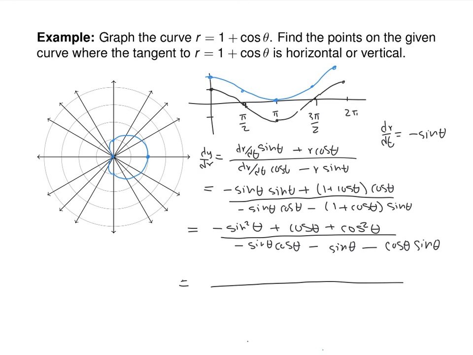That's the same thing as negative 2 sine theta cosine theta minus sine theta. The numerator, we're going to have to factor this, and to do that you're actually going to have to convert these sine squared thetas into cosine squared thetas. And you do that by observing that negative sine squared theta is 1 minus cosine squared theta.